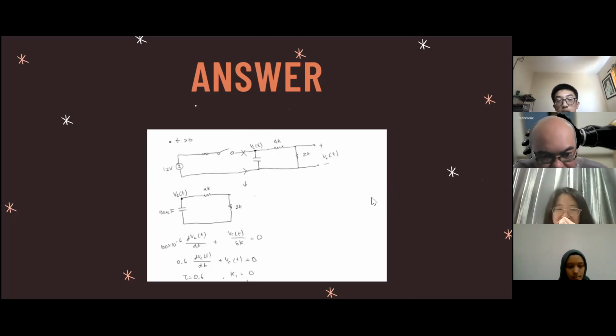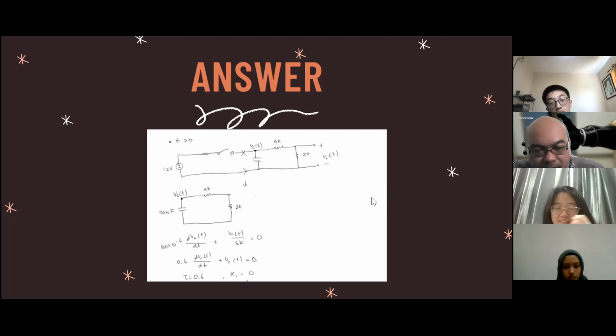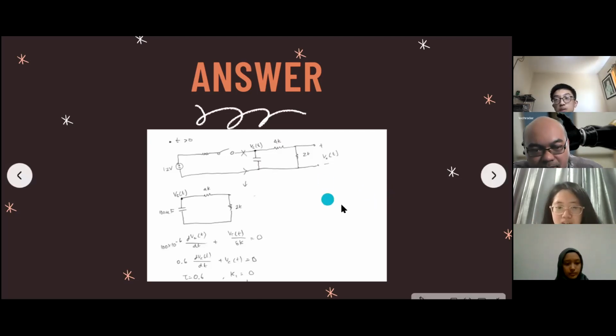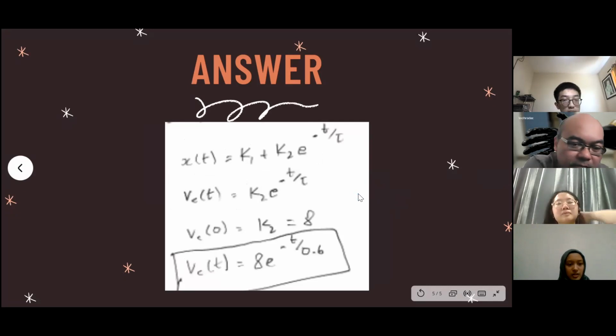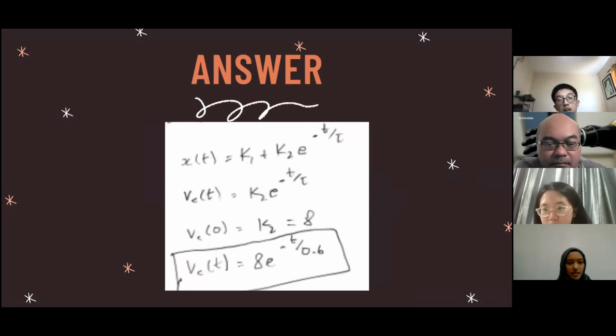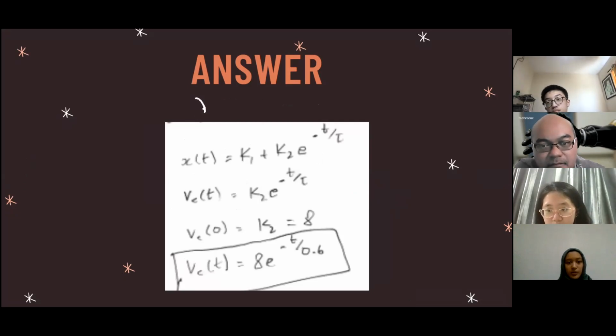From this differential equation, we can immediately get our time constant, which is 0.6, and we can also get K1, which is equal to 0. Next we use the general equation, x(t) equals K1 plus K2 times e to the power of -t/tau.